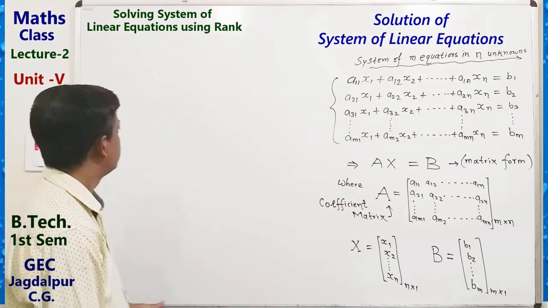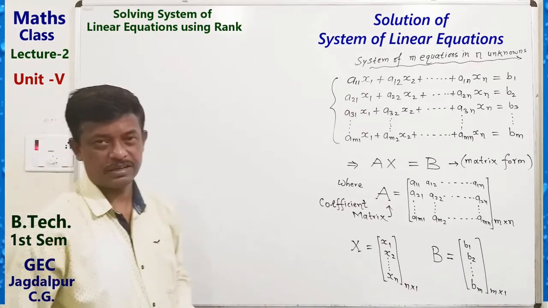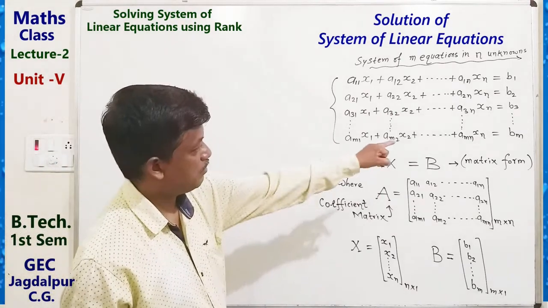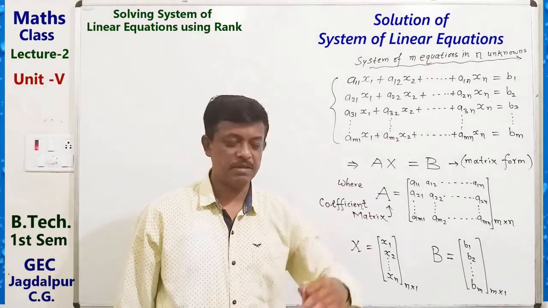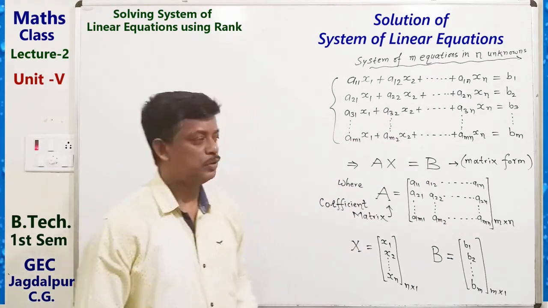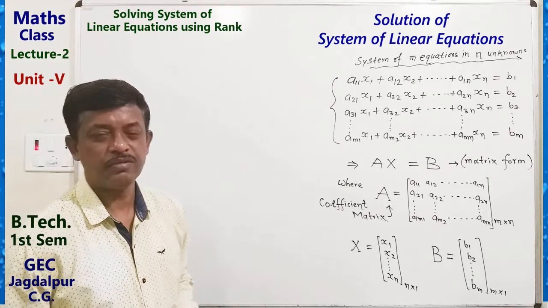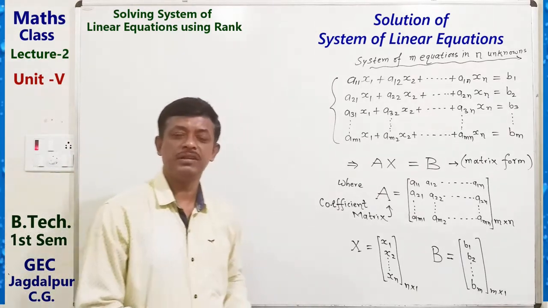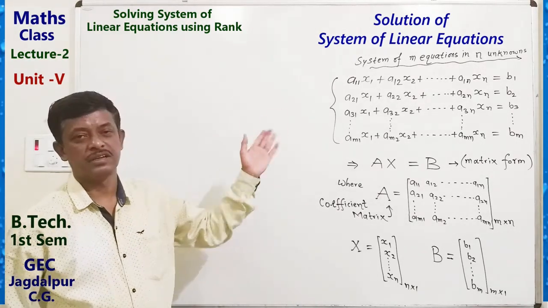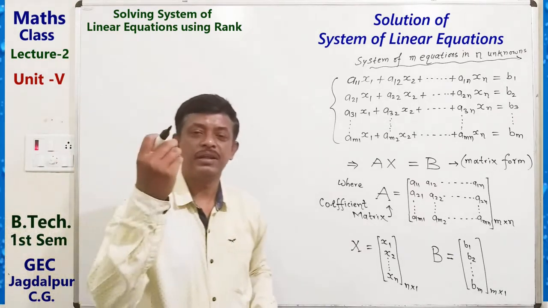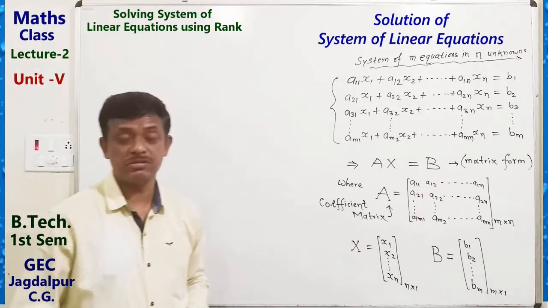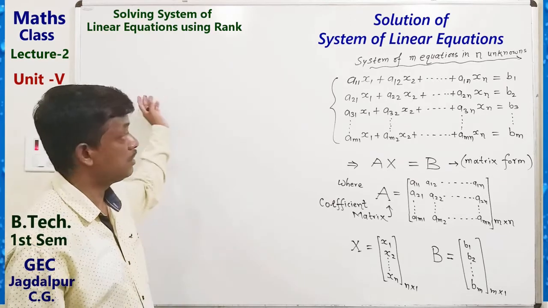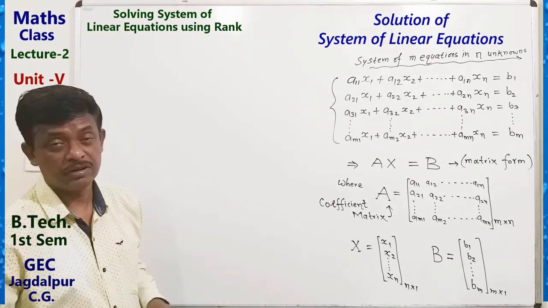Now, we know from the previous class that if the number of equations m and the number of unknowns n are equal, then for solving a system of equations we can use the method of determinants, Cramer's rule.